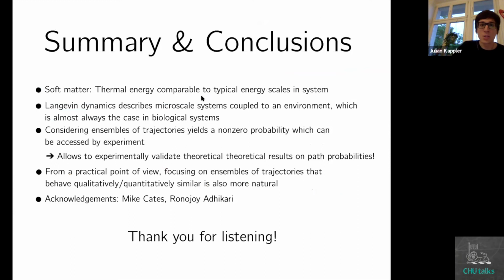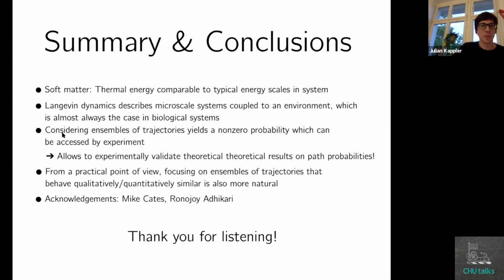And so to summarize, I told you a bit what soft matter is. It's mesoscopic systems where thermal energy is comparable to the typical energy scales in the system. And an important model there is Langevin dynamics, which describes microscale systems coupled to an environment, for example water. And because no system in biology is isolated, you will always have some kind of Langevin applicability.